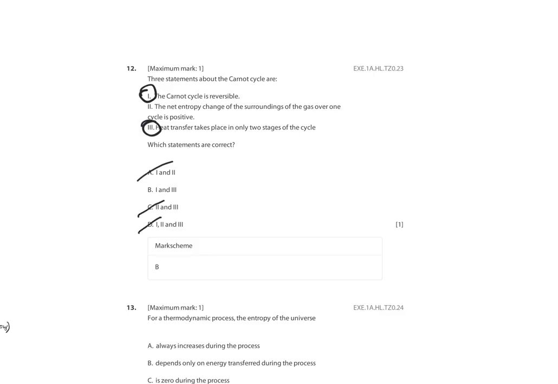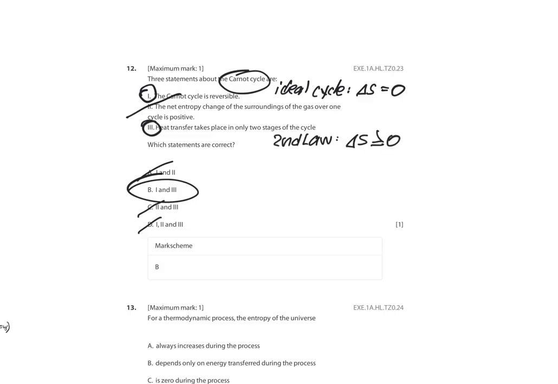Well, thing is, 2 is no bueno because, and you might be like, but doesn't entropy only increase? Yes, but in an ideal cycle, there is no change in entropy. Remember that the second law says the entropy change is greater than or equal to 0. So it can be 0 for an ideal cycle.